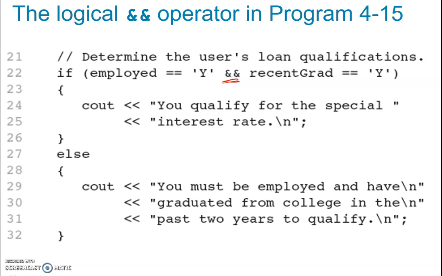This is the same as the nested if that we looked at earlier, but they created a compound statement with the logical operator so that if they were employed and they were a recent graduate, then they qualified for the special interest rate. If one or the other were not true, it was going to fail this step because it's an and, and it would execute down here. So this would be under a true outcome, but this would be the false outcome.